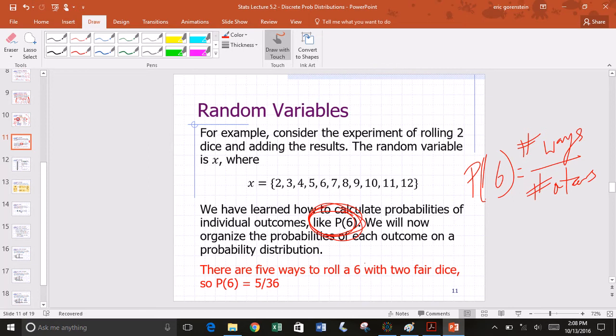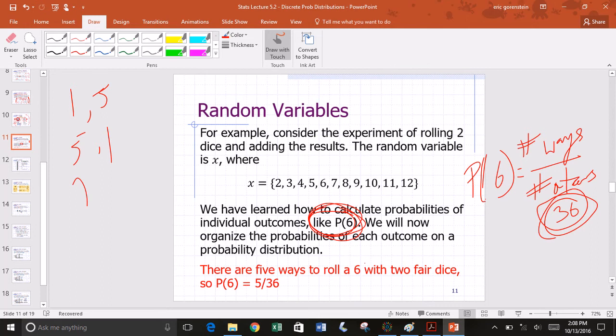So when you're rolling 2 dice, you have 6 possibilities for the first die, 6 possibilities for the second. 6 times 6 is 36. So the total number of outcomes is 36. If you're rolling a 6, well, that could happen a number of different ways. You could roll a 1 and a 5. You could roll a 5 and a 1.